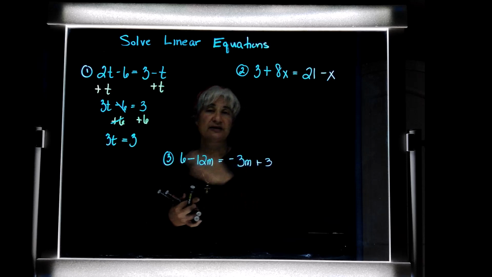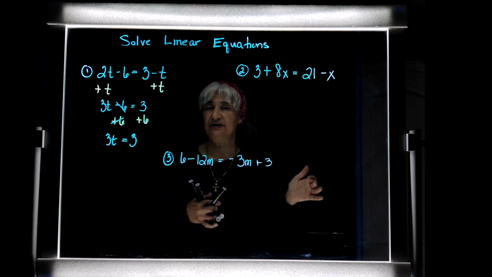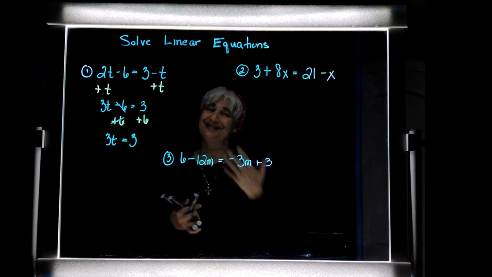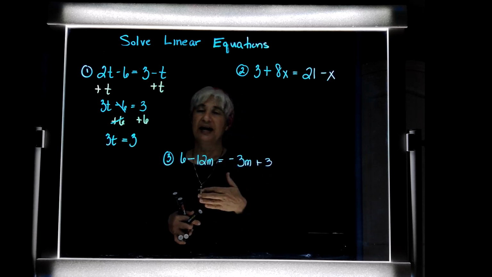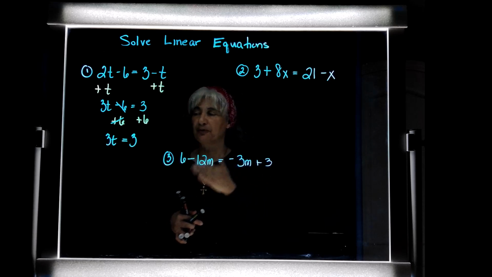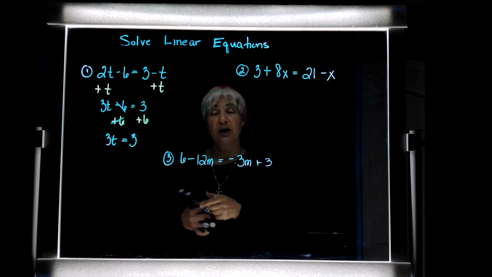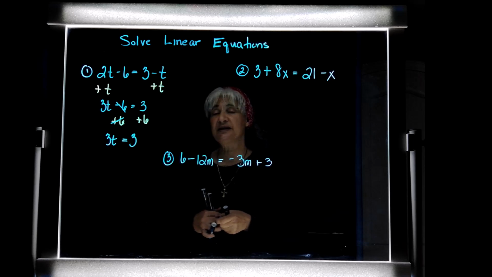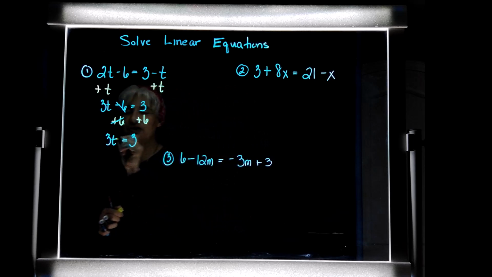Wonderful. So all the t's are on one side. Everything that doesn't have a t is on the other. But the t's not by itself, is it? Now is the very last step, to break off the 3 that's sitting immediately in front of the t. And what operation is keeping that 3 and that t together? Multiplication. So how do you break multiplication? Division.